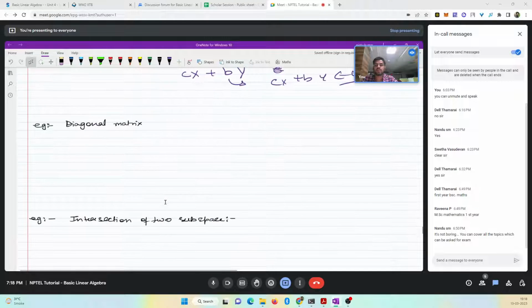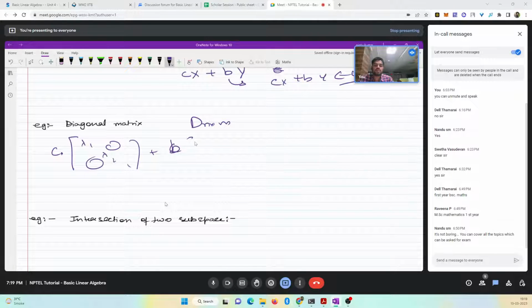Similarly, you can show this for diagonal matrices also. So let's say we have a diagonal matrix, let's call it Dn cross m. So if we have C times some lambda 1, lambda 2 and everything 0, plus B times beta 1, beta 2, 0, what is this equal to?